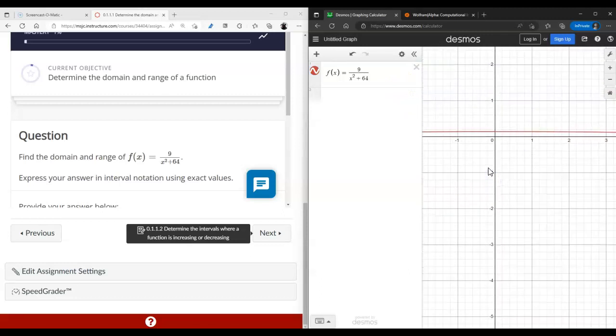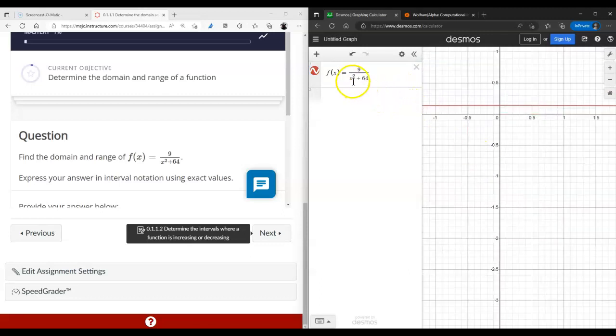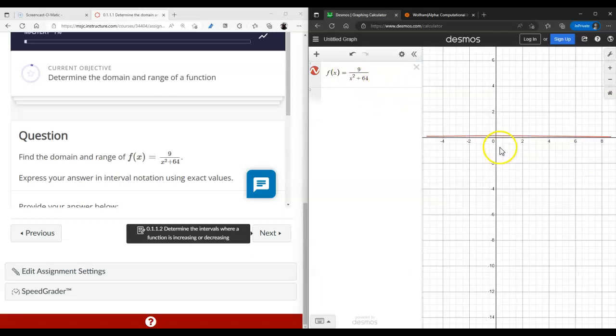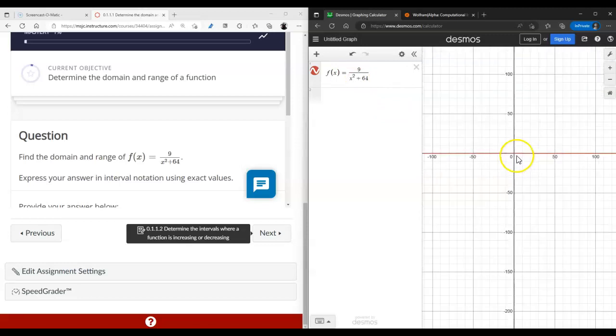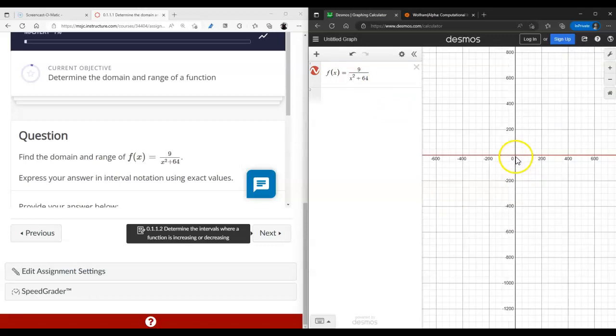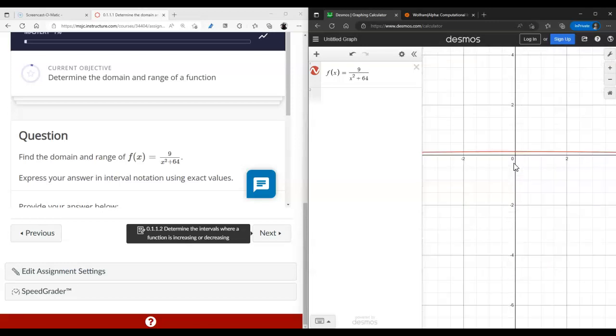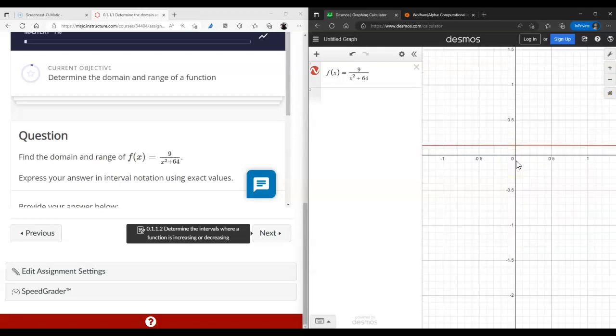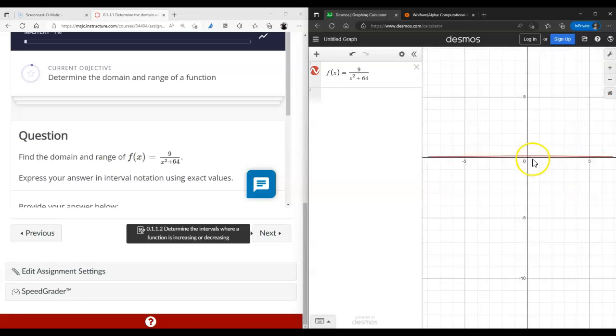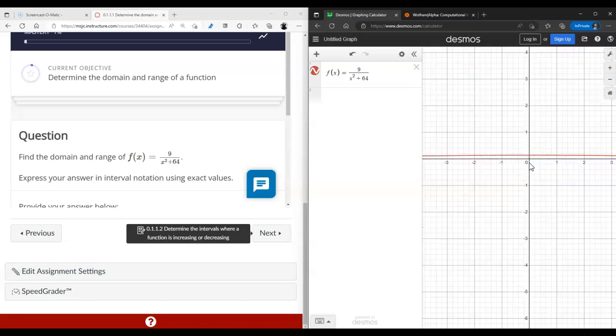All right, so this function is interesting. What's going on with this function? It looks weird.